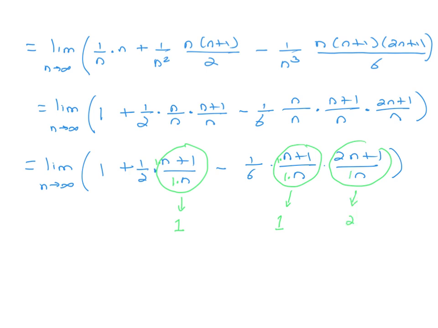This goes to 2, because the coefficients in front of n are 1 and 2. This entire limit is the following. It's 1 plus 1/2 times 1 minus 1/6 times 1 times 2. That's 1 plus 1/2 minus 2 over 6, which is 1/3. So if we have a single value, that is 7 over 6, and that's the value of the definite integral.